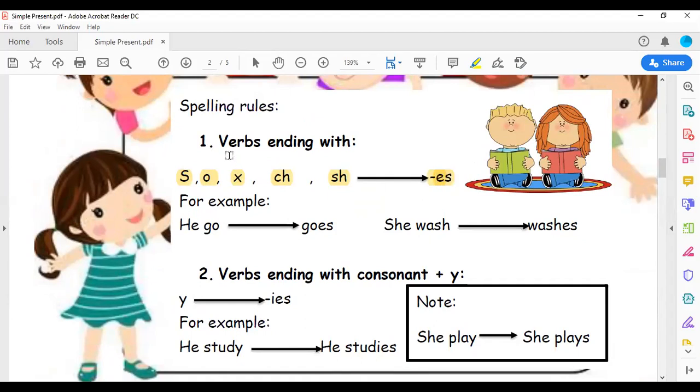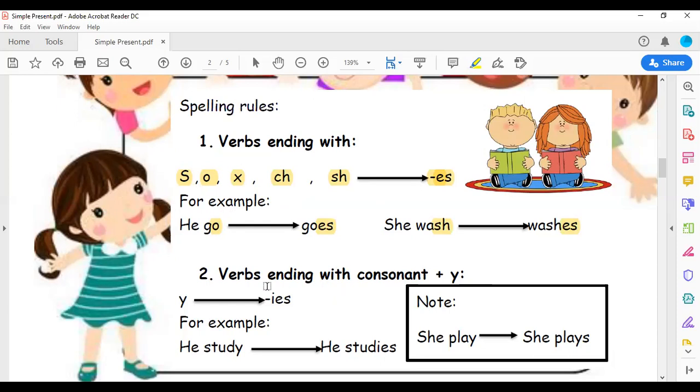Okay, so when the verb ends with S, O, X, ch, we put es. If it doesn't end with this, we just only add s. For example, go ends with o. See, so I add es. Wash ends with sh. I add es. Okay, this is spelling number 1.